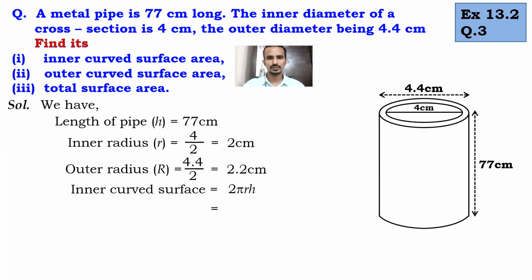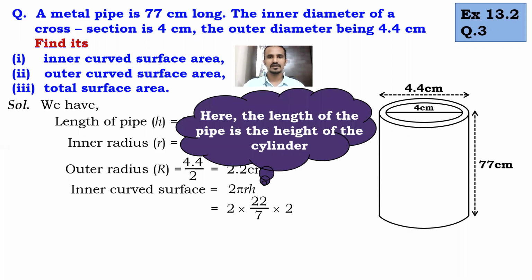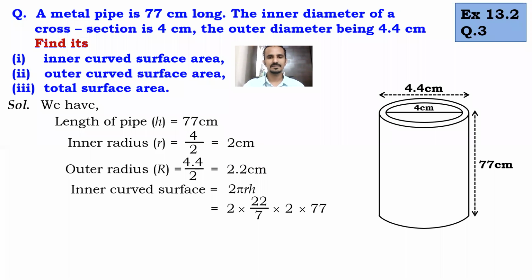So we have 2 into 22 upon 7 multiplied by 2 multiplied by the height h. We know that the length of the pipe is the height of the cylinder, so it is 77. I'm giving you 30 seconds. You calculate this and tell me the answer. Do this multiplication and tell me what answer we are getting.